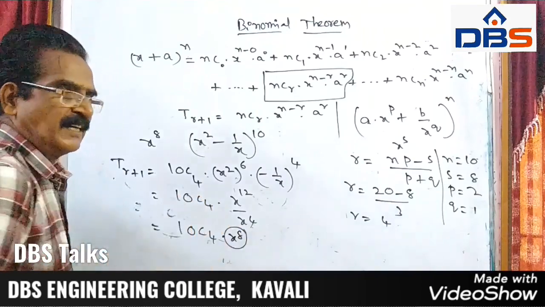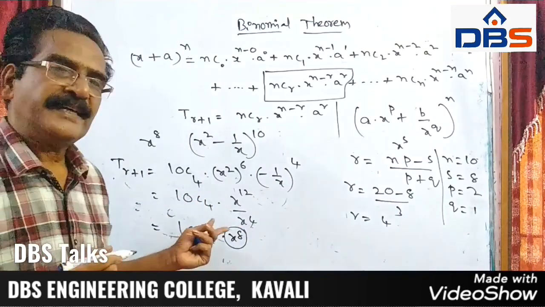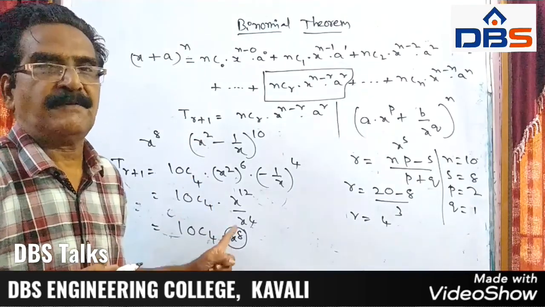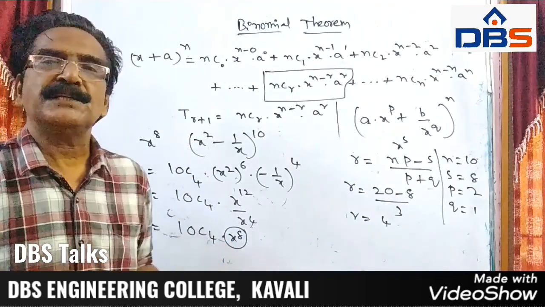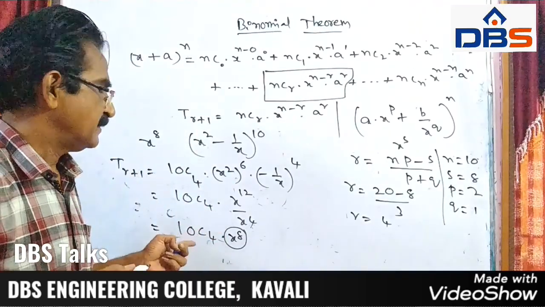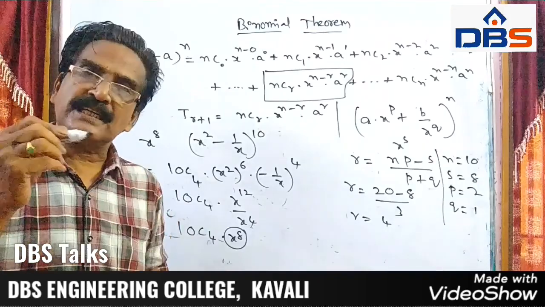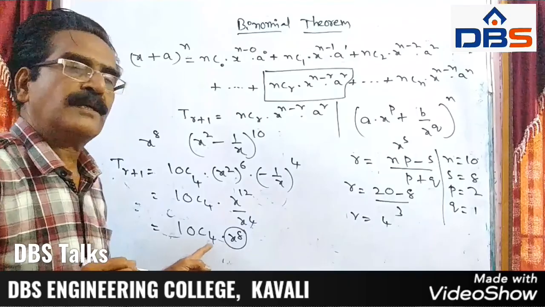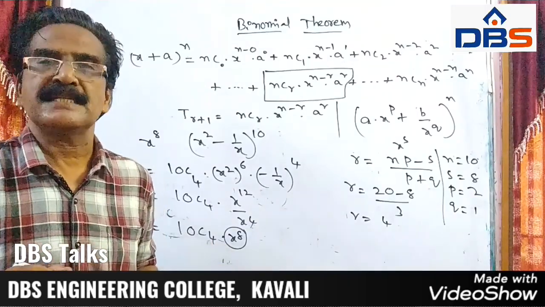So we want the term which contains x power 8, that is 10c4 into x power 8. If he wants the coefficient of x power 8, then your answer is 10c4.